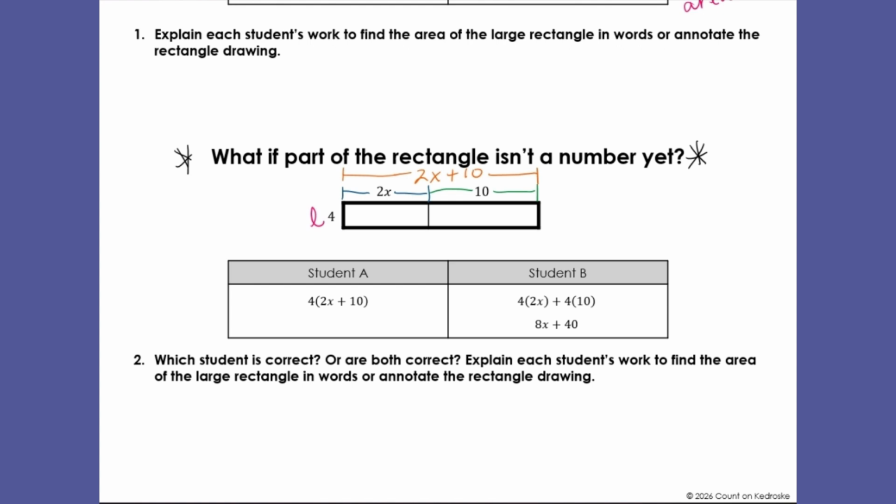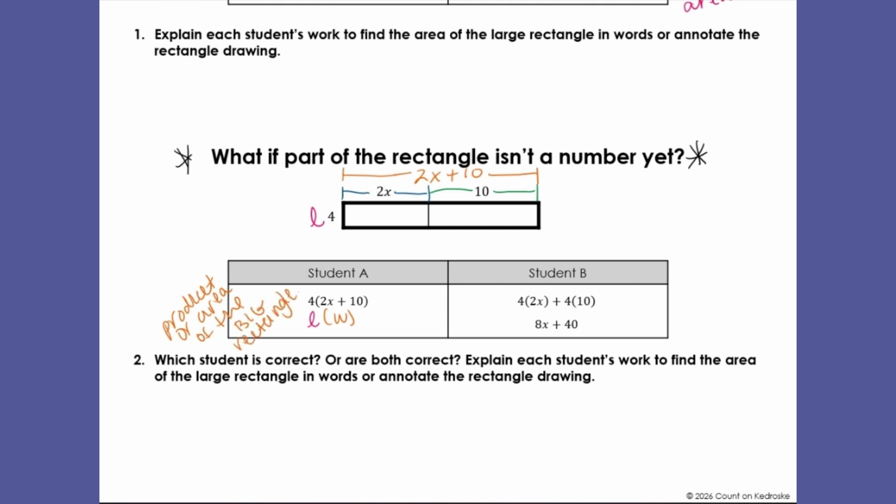When we look at student A, you can see that they did similar work to what they did in the problem above, which is that they did the length times the width. So they still thought about it as a product, as multiplication, the area of the big rectangle.